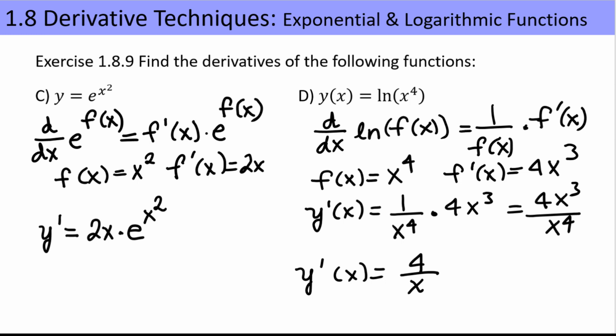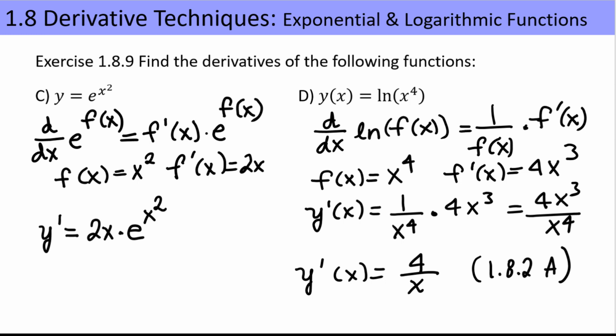This exercise should look familiar. It is exactly the same exercise you did for 1.8.2 part A, except when we did it first, we used exponential properties, but this time we just used the new derivative rule.